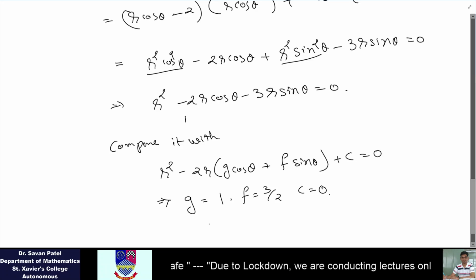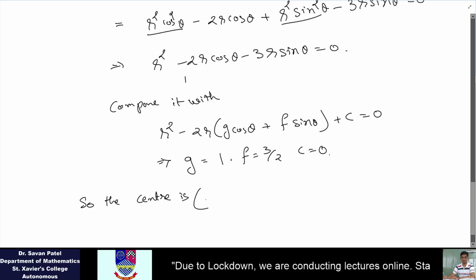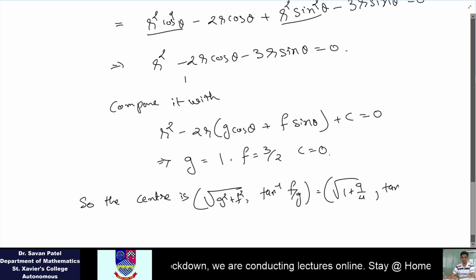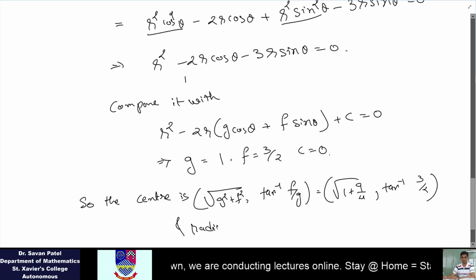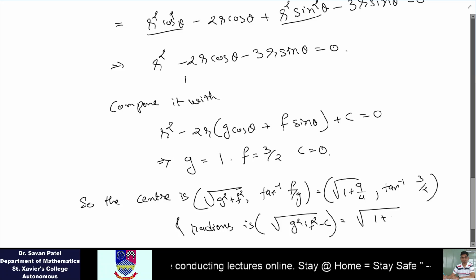Okay. So if you want to find out the center, it is (square root of g square plus f square, tan inverse f by g), that is square root of g square, that is 1, plus f square, that is 9 by 4, tan inverse f by g, that is 3 by 2, and radius is square root of g square plus f square minus c, that is g square, that is 1, plus 9 by 4 minus c, that is 0.